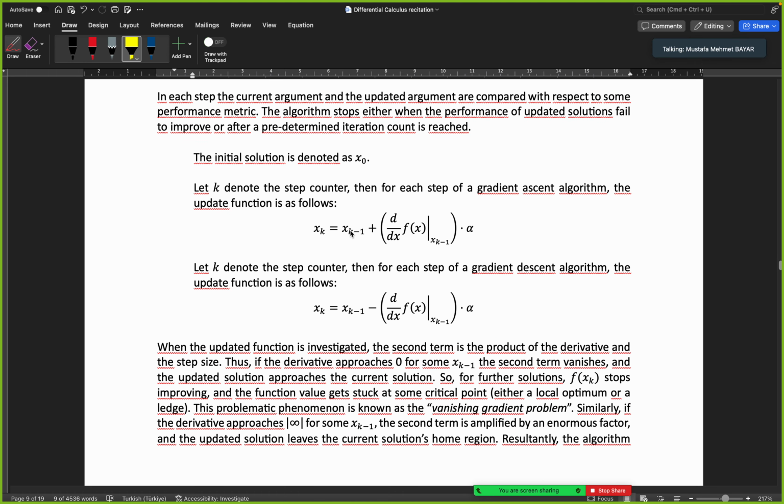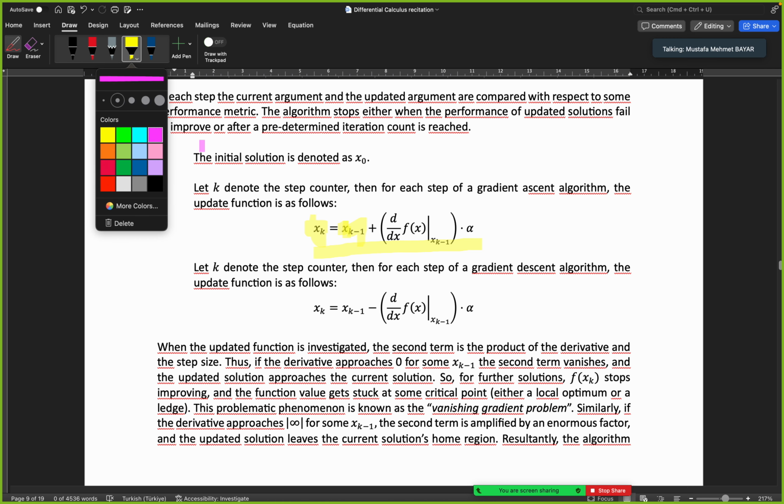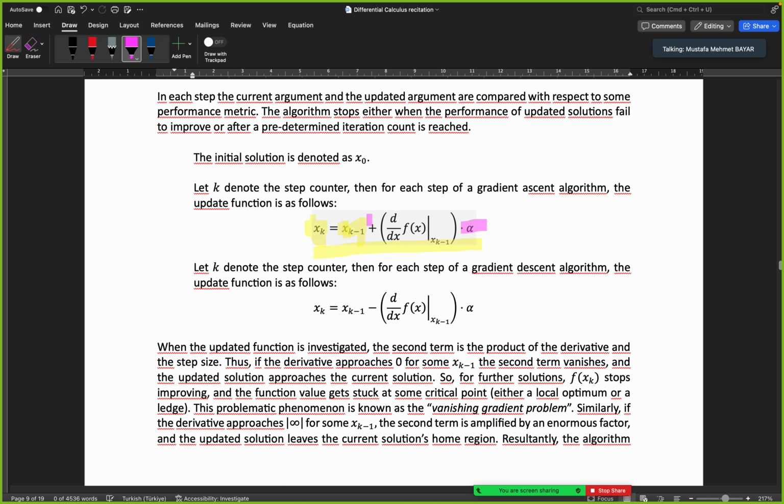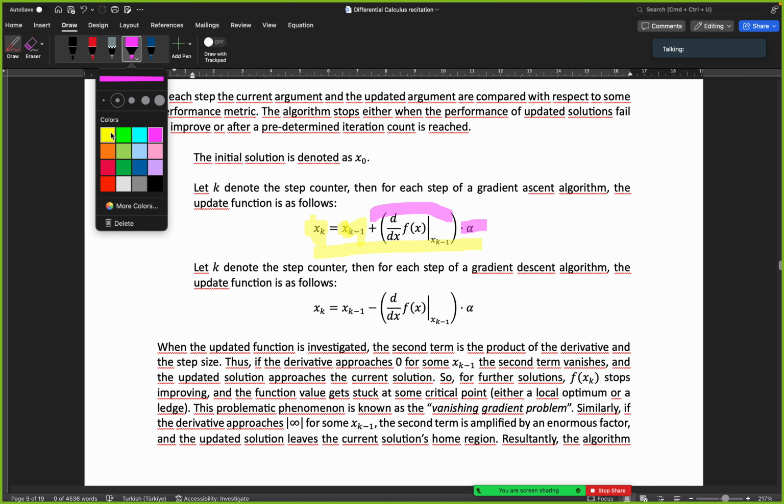And here are the update functions. So the new solution x_k is something added to the current solution x_{k-1}. And that something you add is a step towards the first order derivative. This is the update function for the gradient ascent algorithm.